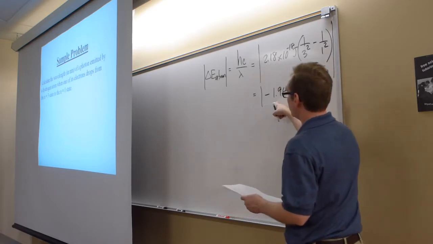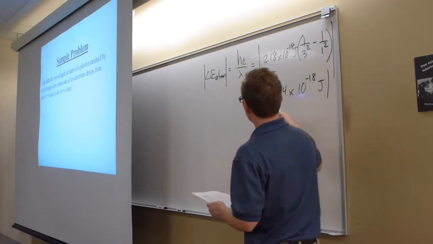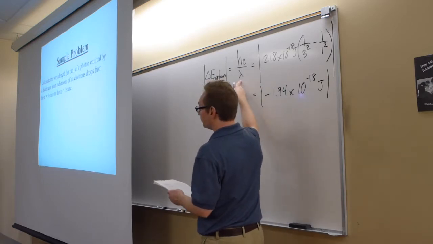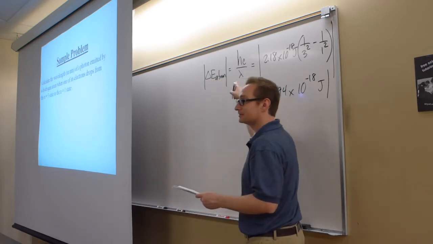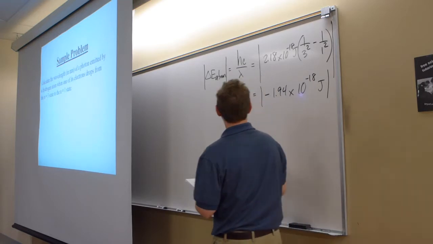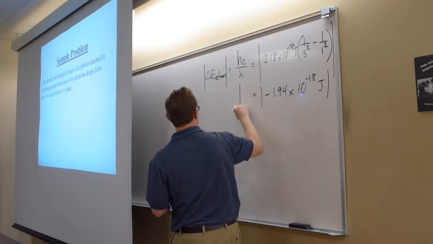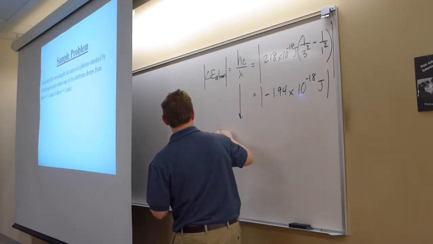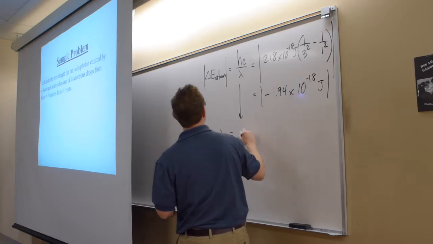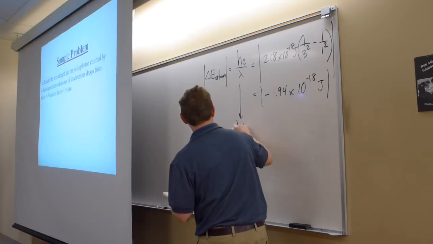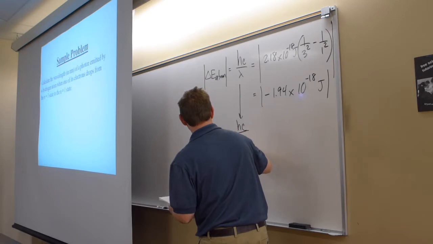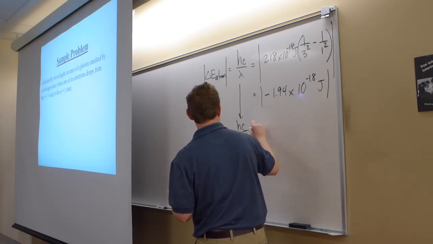But we're taking the absolute value of this because the photon wavelength can't be negative. So from this we can say that lambda is equal to hc divided by the absolute value of delta E atom.